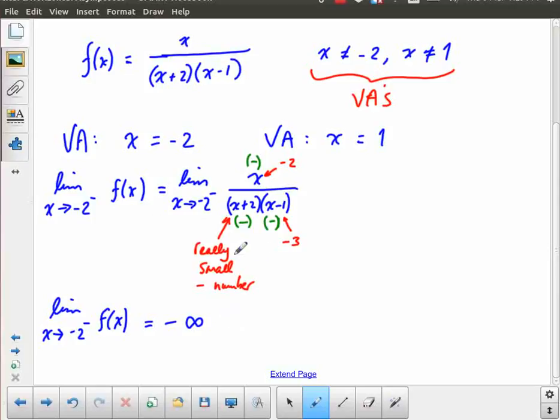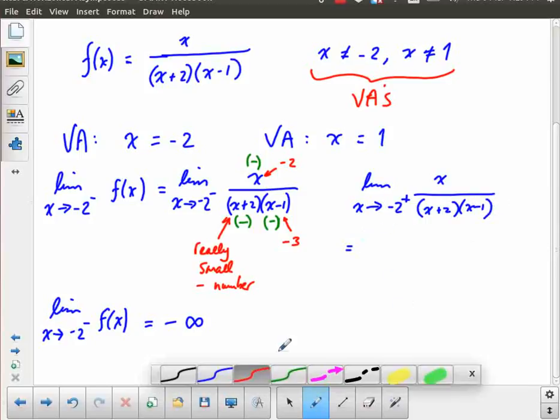And we're going to do the exact same thing from the right. So now we're going to say the limit as x approaches negative 2 from the right side of x over x plus 2 x minus 1. And as you get better with these things, you're going to be able to do them more quickly.